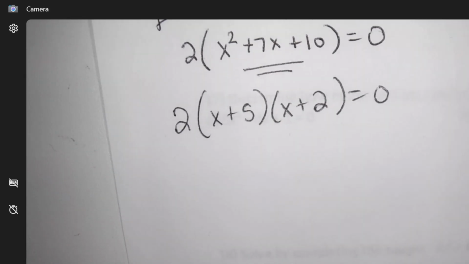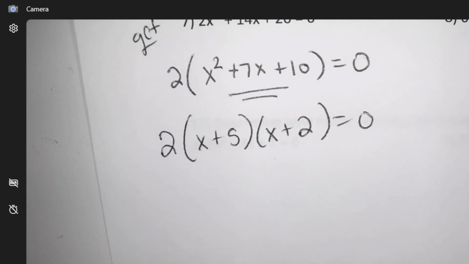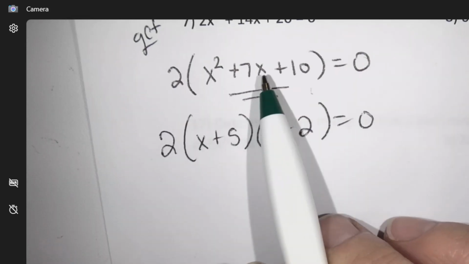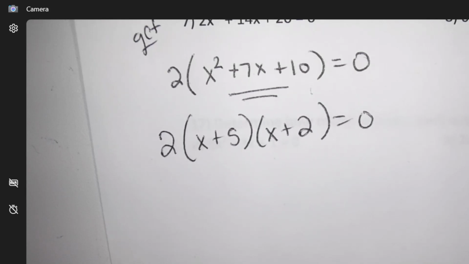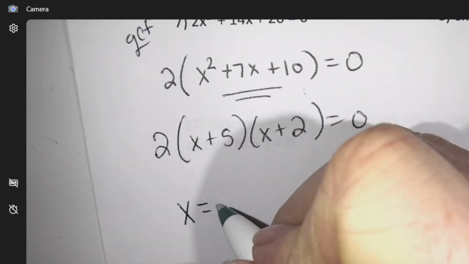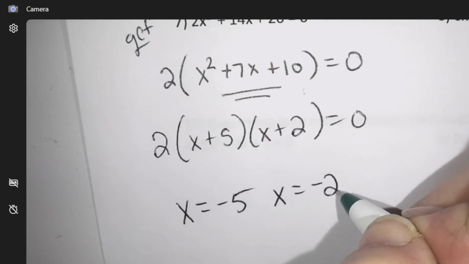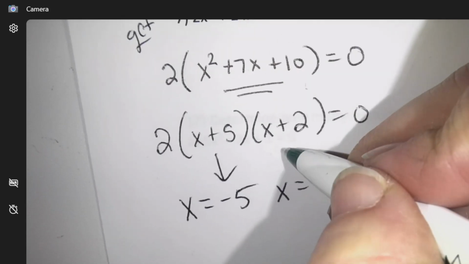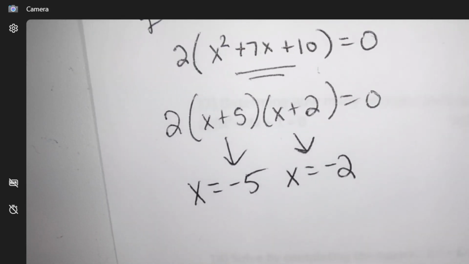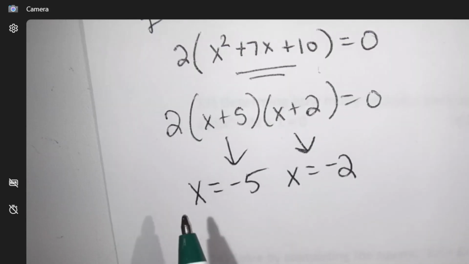So now you're just trying to multiply to 10 and add to 7. Okay, there's only 2 solutions for this.